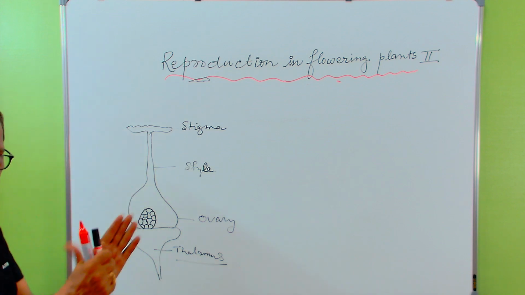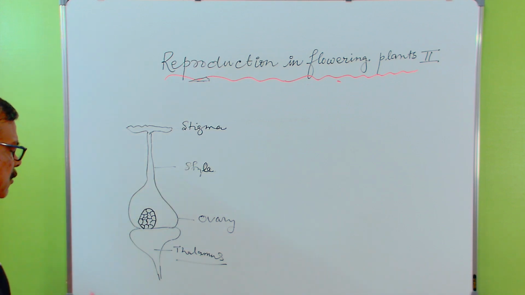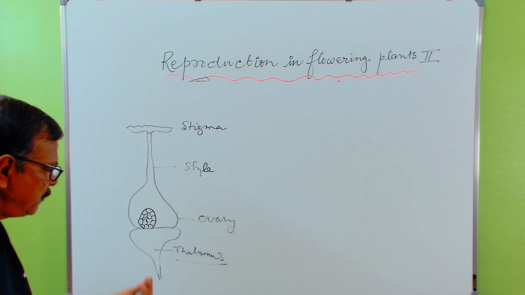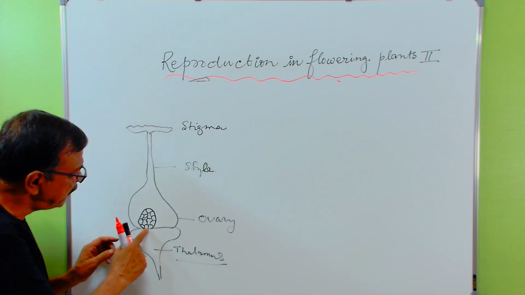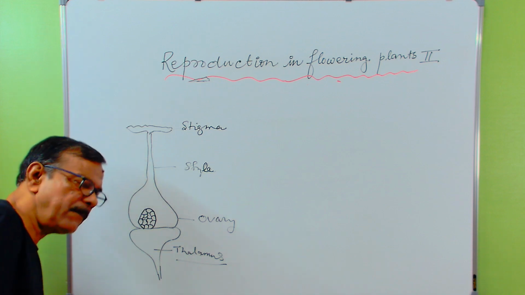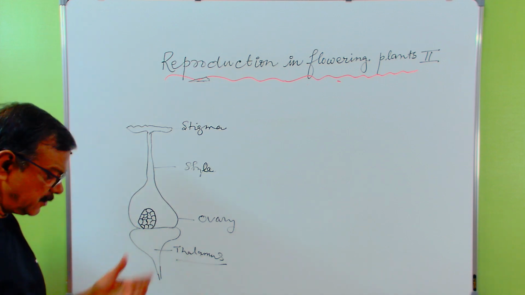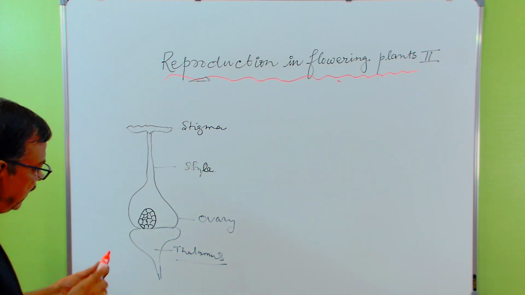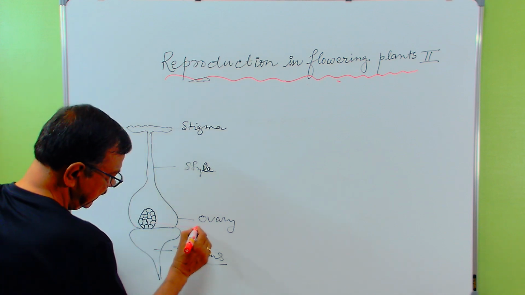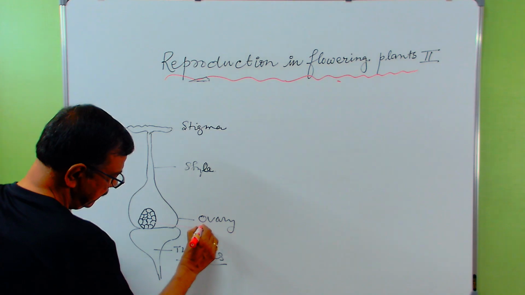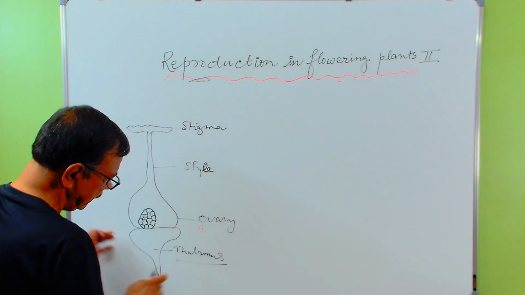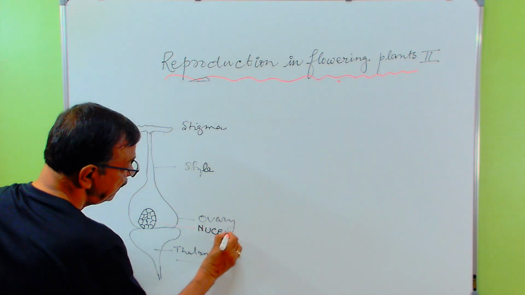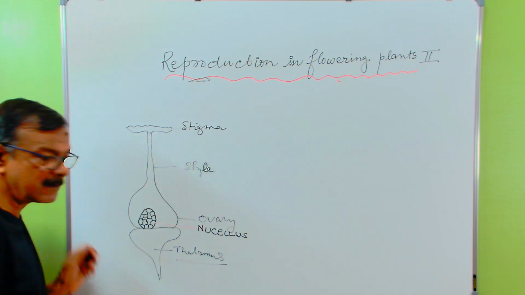Now, we are completing the same in a single shot. So, we will say that the female gametophyte is produced as a small protuberance on the ovary or placenta. This is filled up with cells called nucellus.